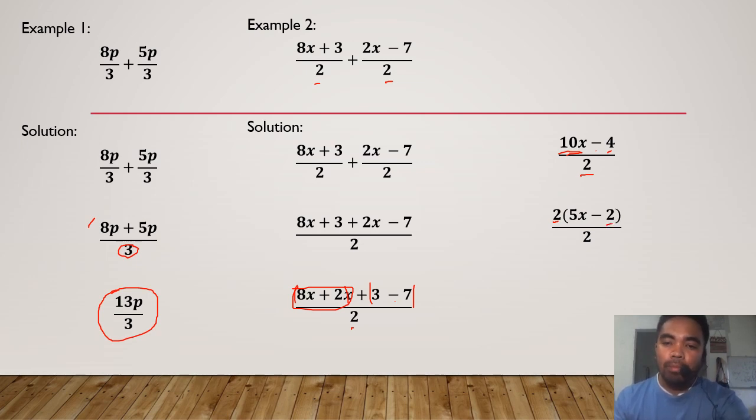Since may 2 tayo sa baba, and then meron tayong 2 sa taas, cancel po yan, dalawang yan. Yan. So, since na-cancel na po sila, ang natira na lang po ay yung sagot natin, which is 5x minus 2. So, ito yung sagot natin sa ating example number 2. Next.